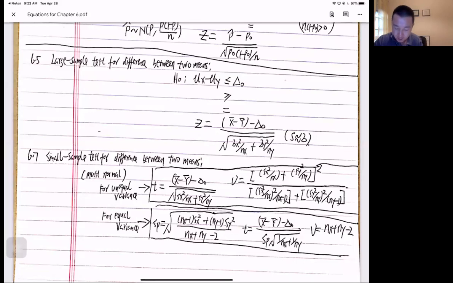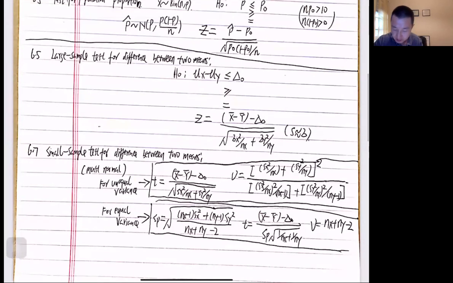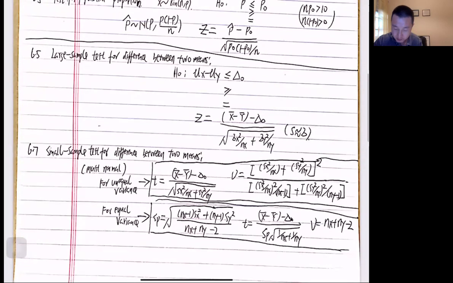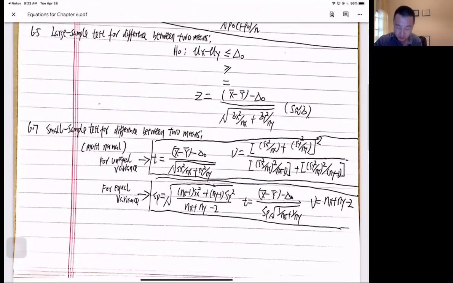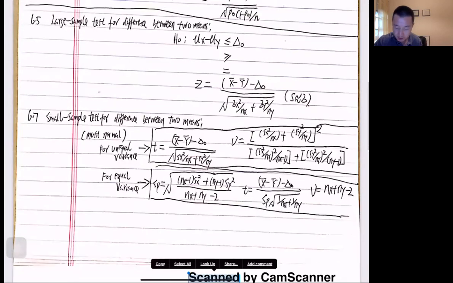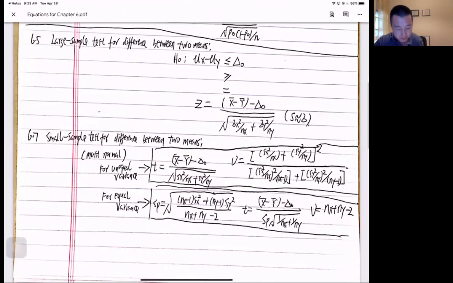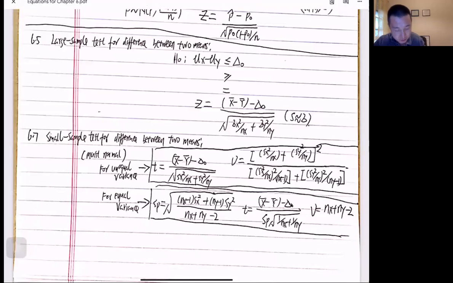So we need to calculate the z-score using this equation here. If it's a small sample, we use the equation from section 6.7, which has two situations. Again, we use the z-score.